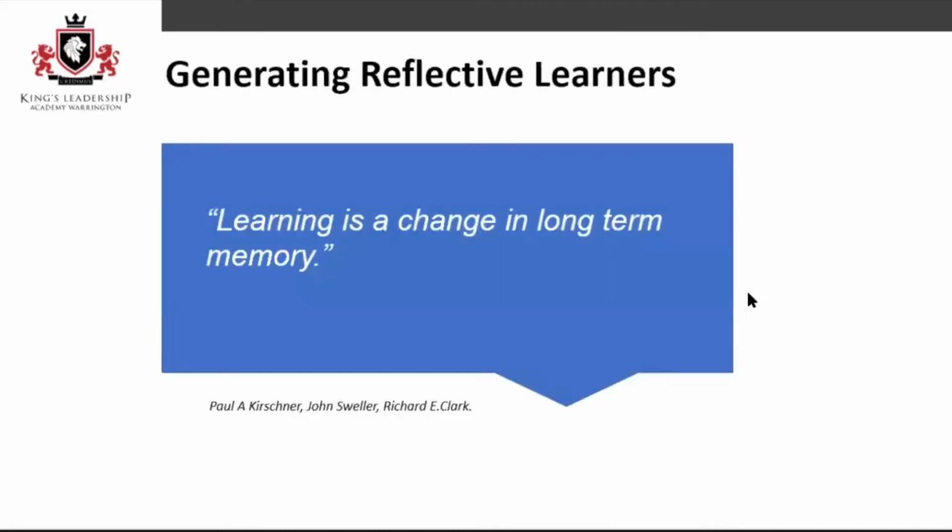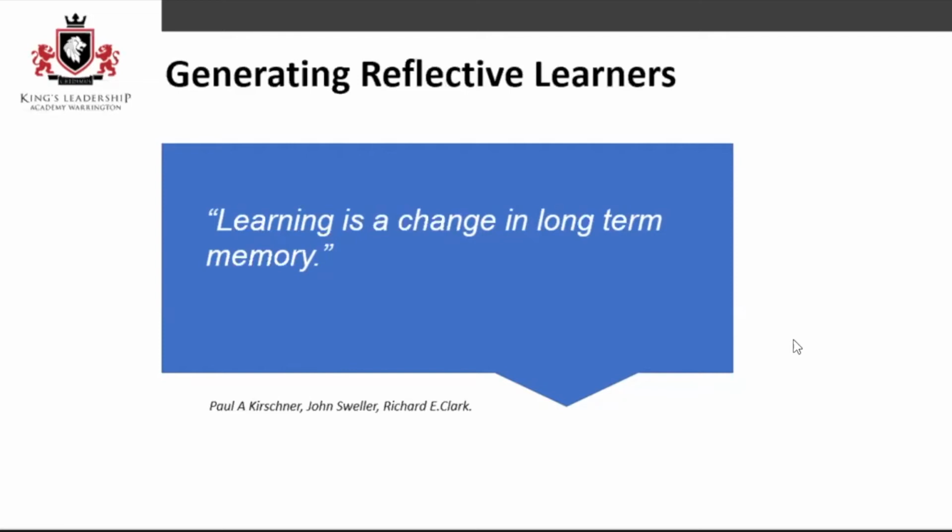So in terms of this idea of how we can generate our reflective learners, we know a common definition now that is out and about in the education sphere, that idea that learning is a change in long-term memory. And whether we're doing our lesson within the classroom, or remotely, or in a blended context, we need to keep in mind that, even more so with the remote learning provision that we provide, it is about putting in place those strategies that allow for that active retrieval of knowledge and allow for that embedding of knowledge over time so that they're able to demonstrate learning.